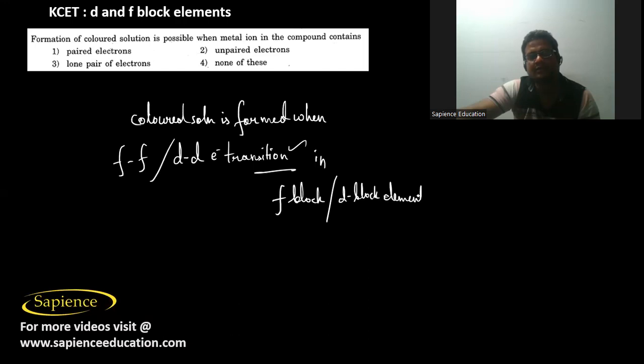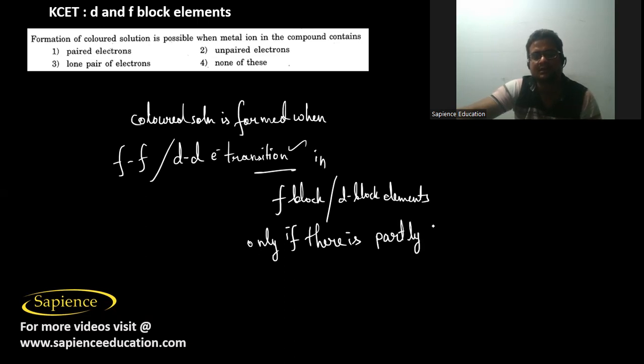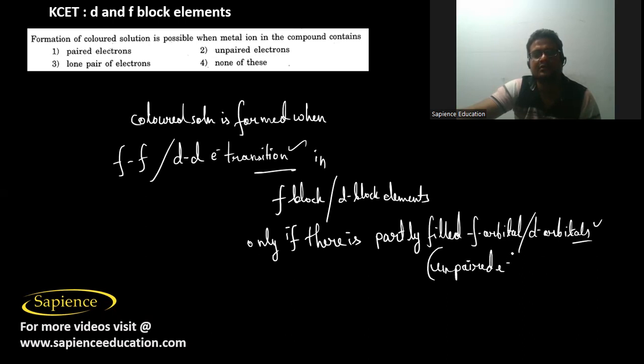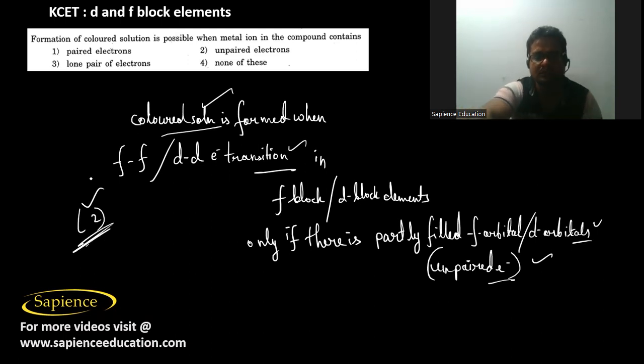It will happen only if there are partly filled f orbitals or partly filled d orbitals. It means that they should contain unpaired electrons. So if an unpaired electron is there, then only a colored solution is possible. So option 2 is the correct answer.